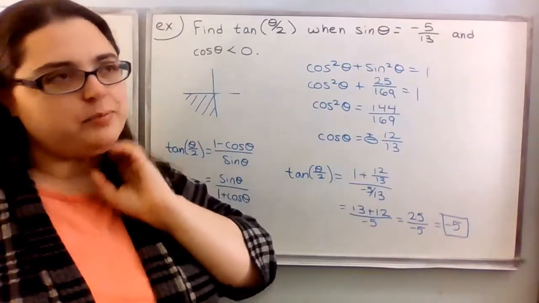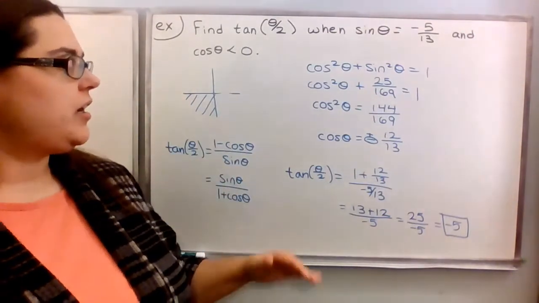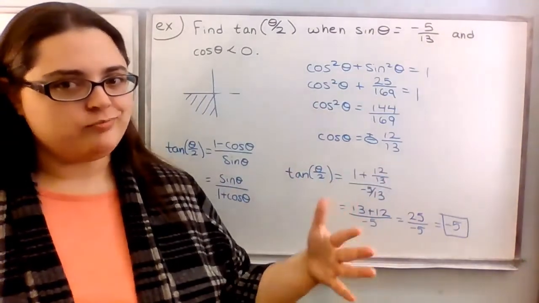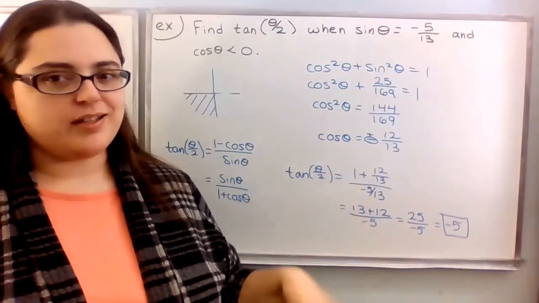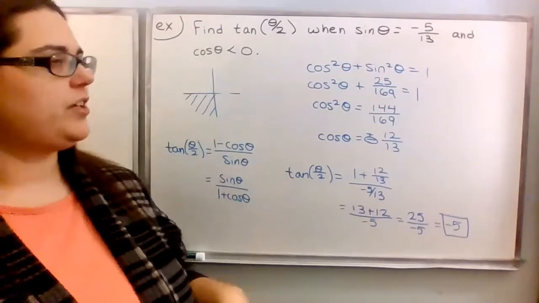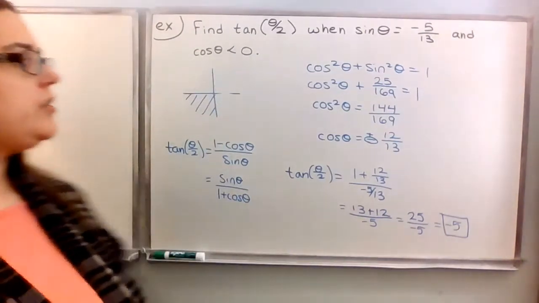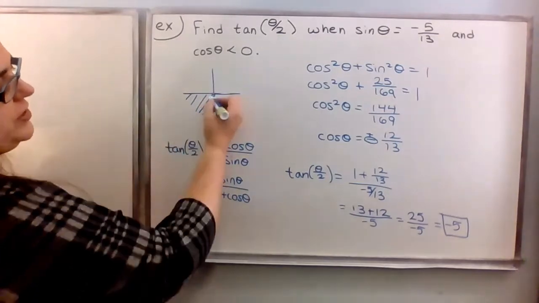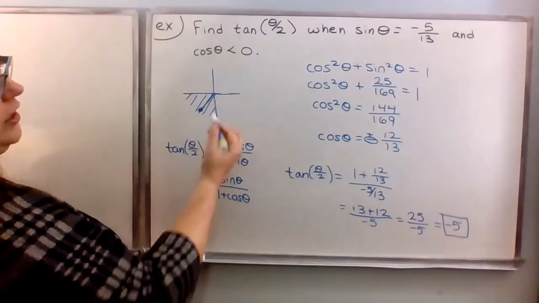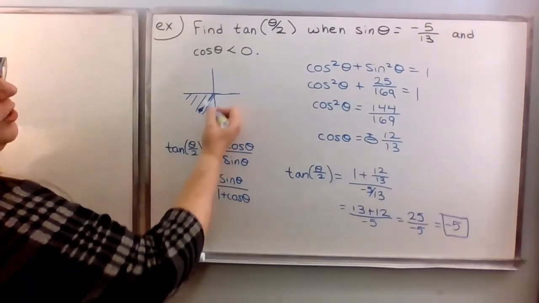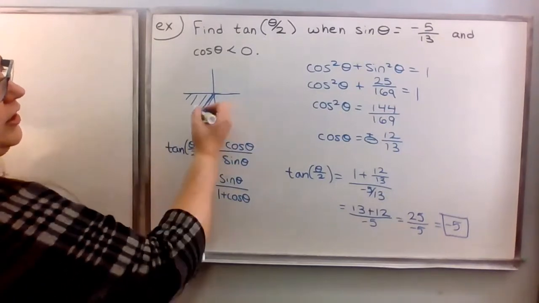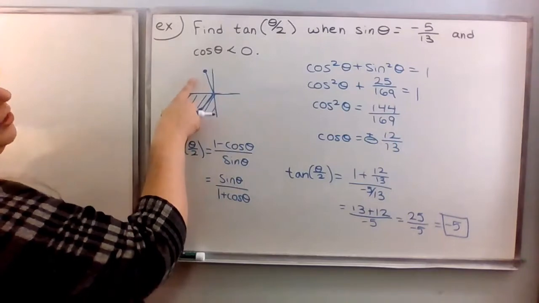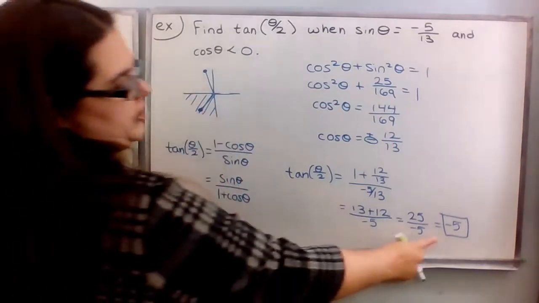Now, as I mentioned before, remember that theta and theta over 2 are not necessarily, in fact they're probably not, in the same quadrant unless theta is less than 90 degrees. So here, even though tangent of theta could be positive, tangent of half theta, in this case, is going to be in quadrant 2 because we ended up with a negative.